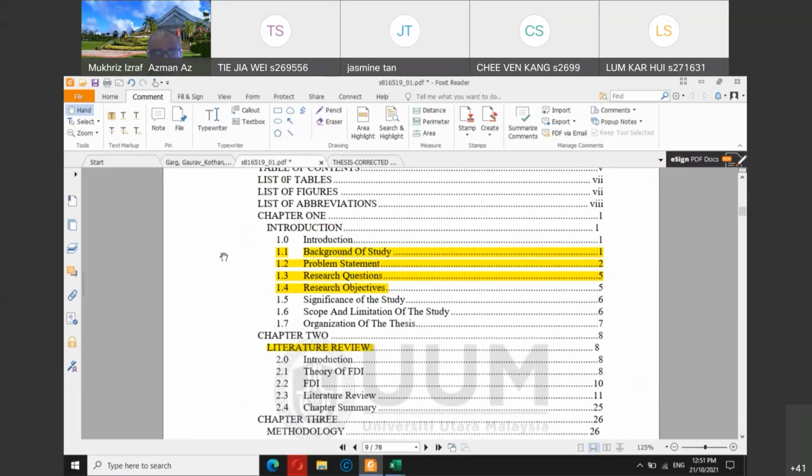Secondly, because the focus of our subject this semester is only primary data analysis, whenever you read the thesis, it's not just about understanding how to write your introduction properly, but also you need to look for potential topics, and also questionnaires that are already integrated or given as part of the thesis.